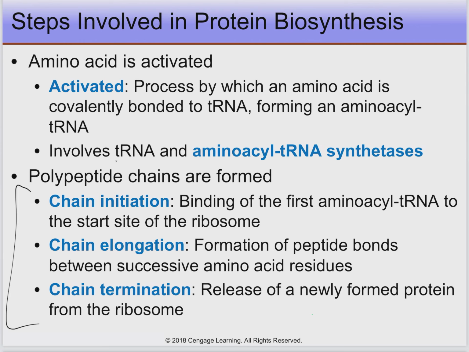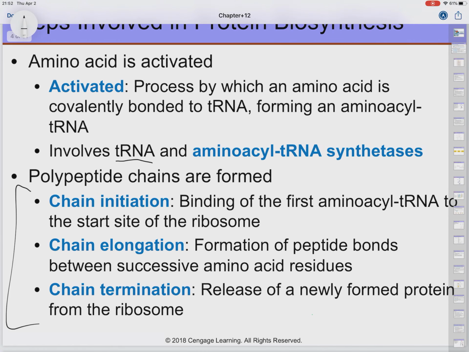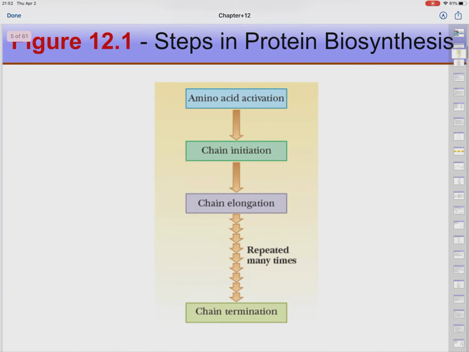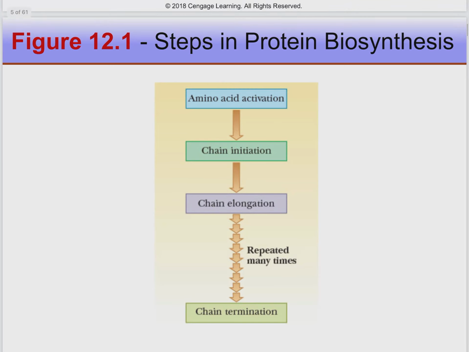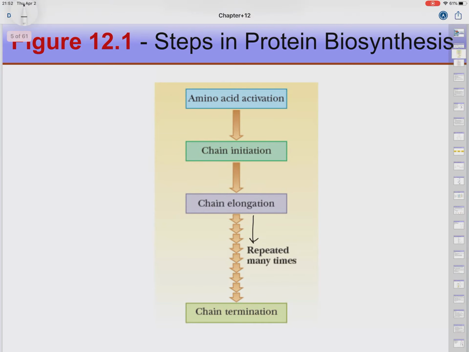So we're going to come back to the amino acids and how they get activated. tRNA and a special enzyme are involved. Chain elongation will repeat over and over. And similar to transcription, how transcription had initiation, elongation, and termination, we're going to follow that same sort of theme.